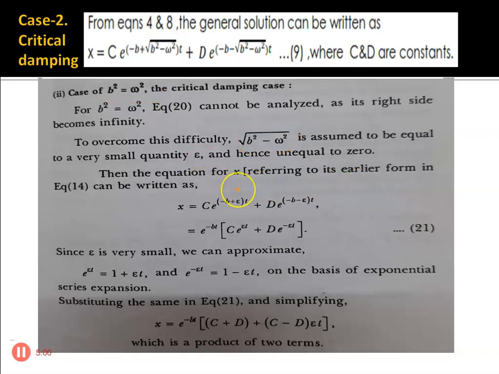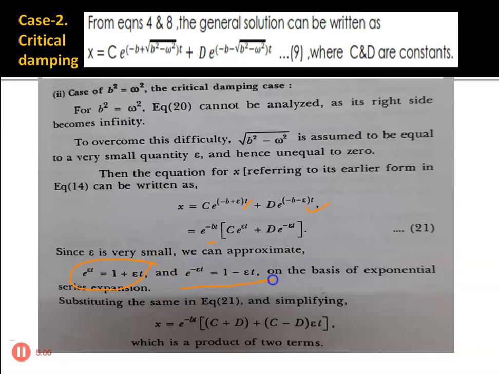Here e power bt in the first term and e power bt in the second term is taken as common outside. So you will be getting e power minus bt, and c e power epsilon t plus d e power minus epsilon t will be within the bracket. Once again, this e power epsilon t will be solved with the approximation: e power epsilon t is equal to 1 plus epsilon t.